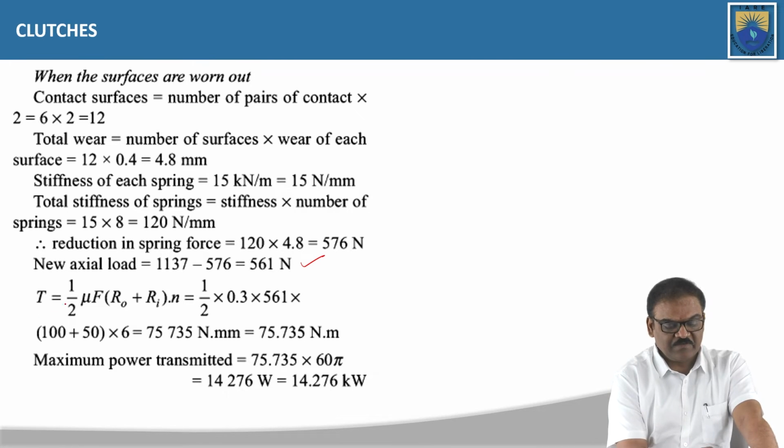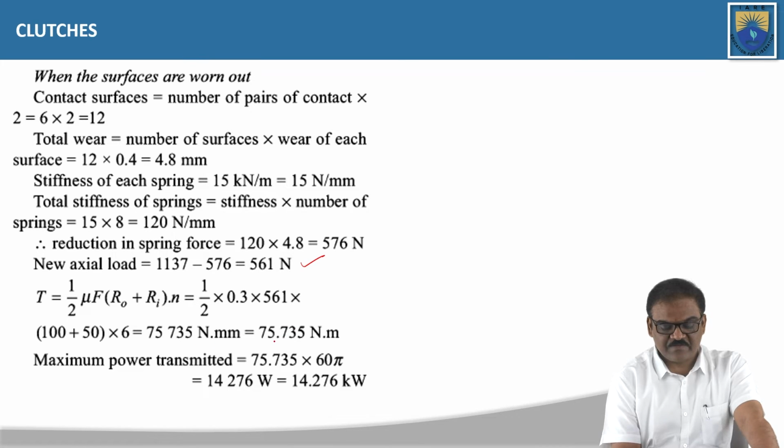Therefore, T is equal to half mu F (R outer plus R inner) into number of pairs in contact. That gives half into 0.3 into 561 into (100 plus 50) into number of pairs is 6. Therefore, that gives the torque that is given.